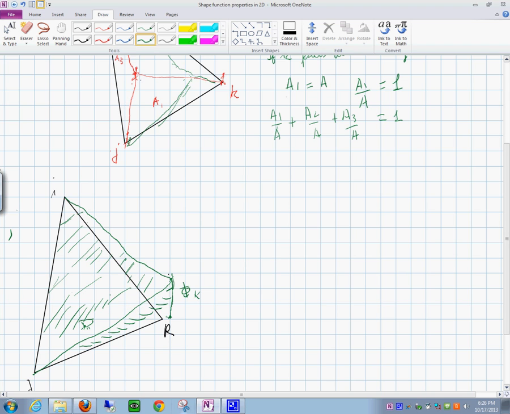We have proven that the shape function ratios add up to 1. We also have proven that the shape function is linear along the side. So it's 1 at the node here and then 0 at the other node.